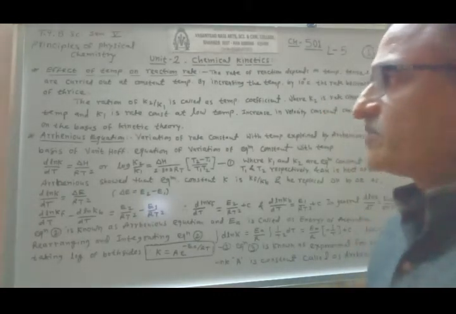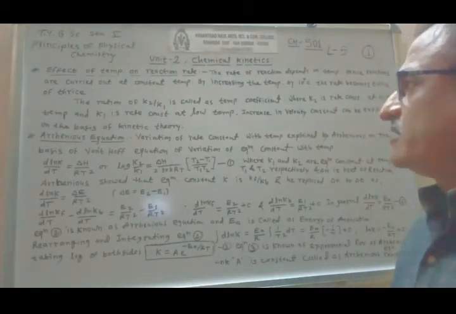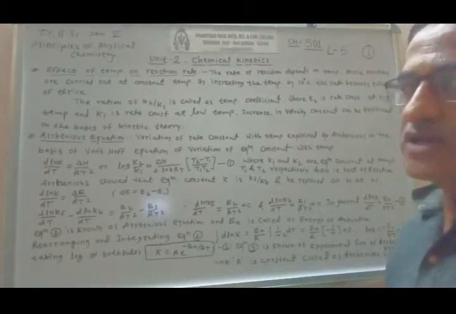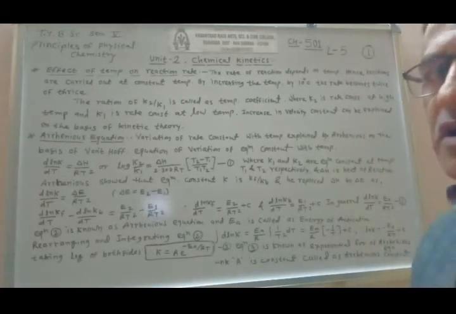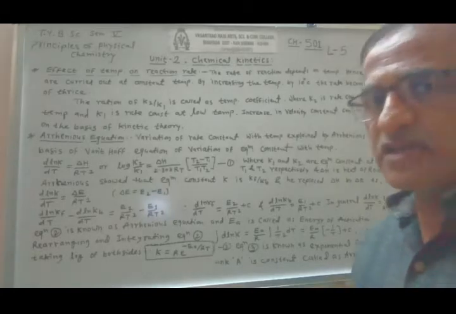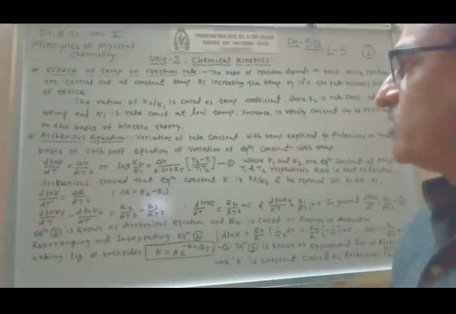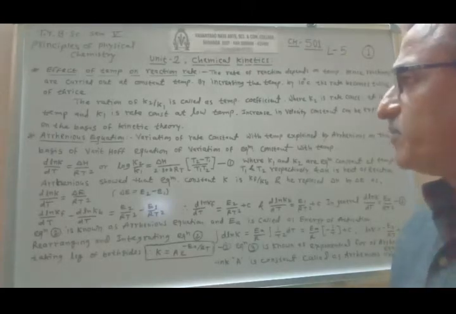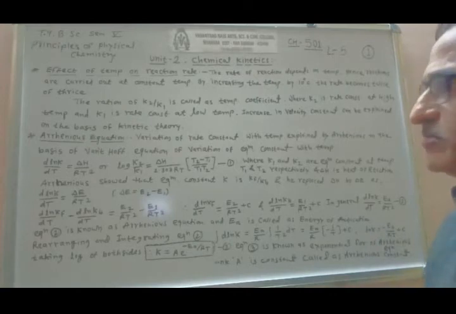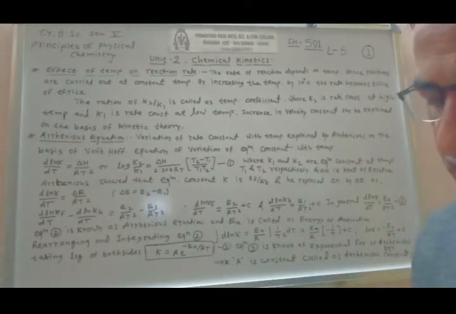In reactions, the ratio of K2 upon K1 is called the temperature coefficient, where K2 is the rate constant at temperature T2 and K1 is the rate constant at temperature T1. On the basis of the kinetic theory of gases, the increase in velocity of molecules can be explained, and as the temperature increases, the rate of reaction also increases.